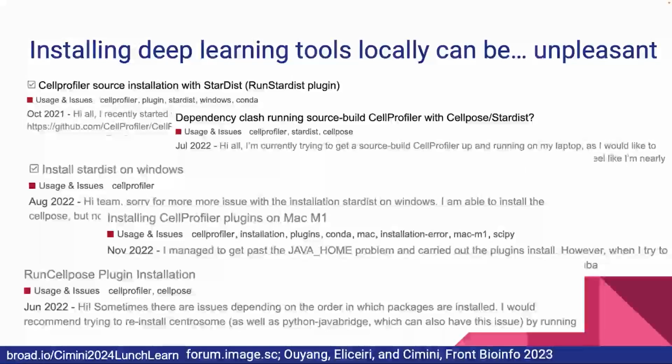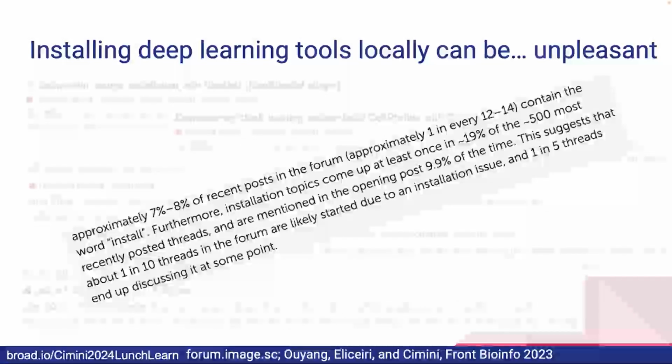And that's because installing deep learning is, for technical reasons, really hard. This isn't just my team is not good at their jobs. We hire really smart people who are actually really good at their jobs. This is just technologically hard, and it gets harder every time Mac puts out another new chip. In fact, it is such a problem that there is a central help forum called forum.image.sc, which I'm going to talk about again at the end.